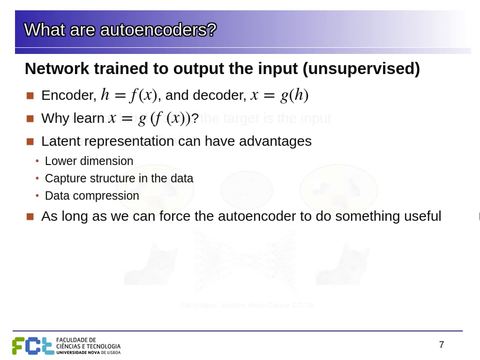But the idea is that if we can force the autoencoder to do something useful, we can get a representation inside the autoencoder that has advantages, like having a lower dimension than the original data that we're feeding in. It can capture some structure in the data, or represent different aspects of the data. These things can happen if we manage to force the autoencoder to learn what we find useful in some particular instance.